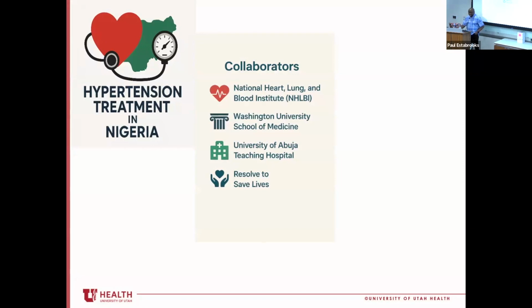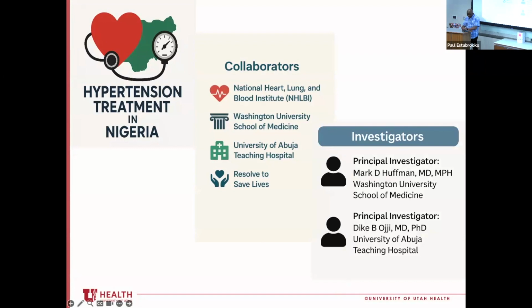Actually, one of the PIs moved from Northwestern to WashU, and then University of Abuja, and Resolve to Save Lives. So these are the two NPIs, Mark Hoffman at WashU and DK Orji, and they are both cardiologists who I work with. I still work with the two of them.